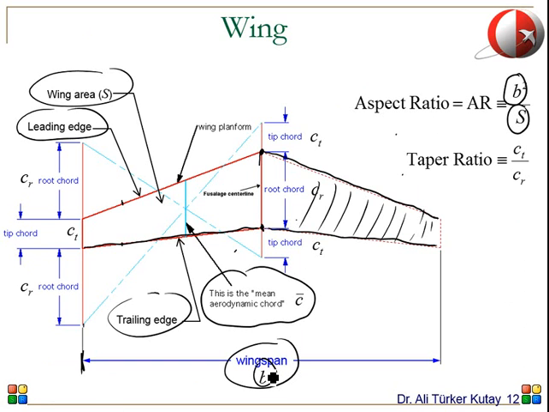So this b has the unit of meters, for example, and then b squared is meters squared, and S is an area which also has the unit of distance squared. So the aspect ratio is a dimensionless number because you divide a term with the unit of an area by another term which has the same unit of area. So when you do the division, it becomes a dimensionless number.